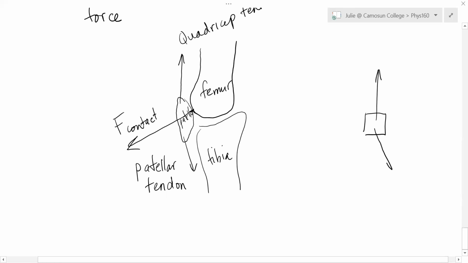We've got a force down at an angle, and it depends what your knee angle is. And then we've got this contact force, something like that. Okay, so that would be the free body diagram for the patella itself. Okay, I think that's enough for now.